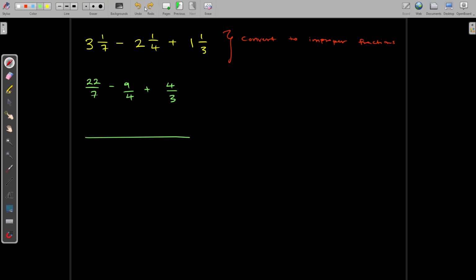It's not 84 either. 64. How do we find LCM? Find the lowest number that the numbers can go into without the denominator.